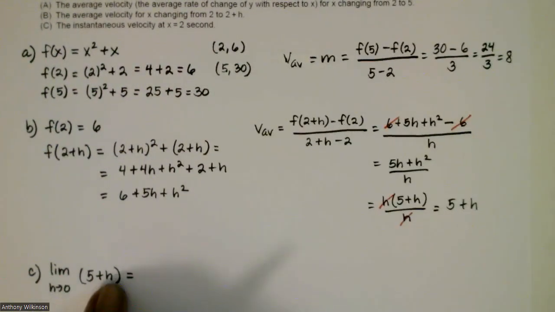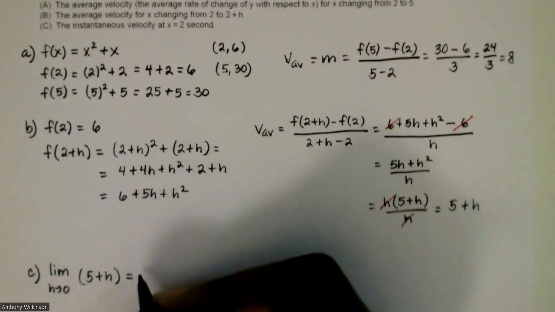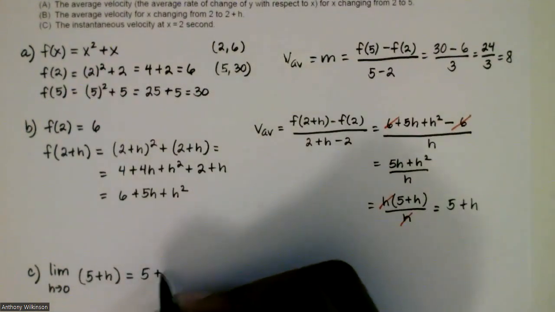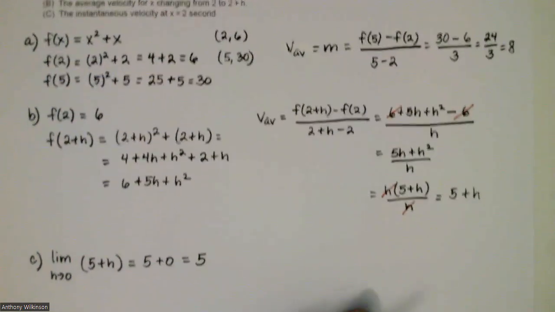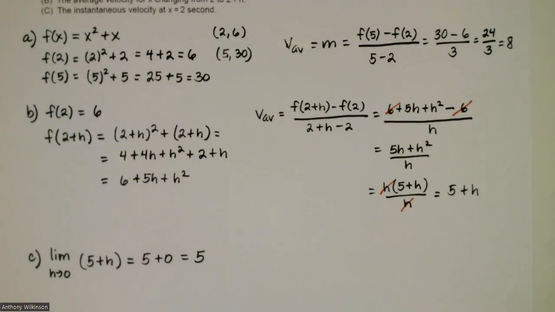As h approaches 0, this h is going to 0. So 5 plus 0 ends up being 5. So the instantaneous velocity at x equals 2 seconds would be 5 meters per second in this case.